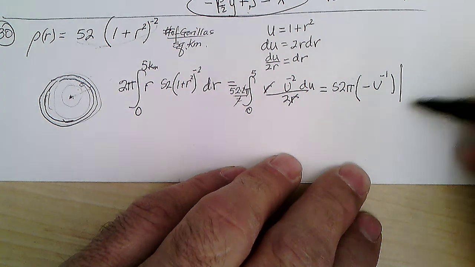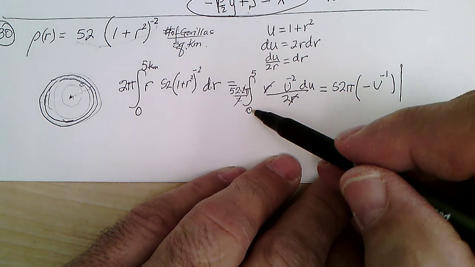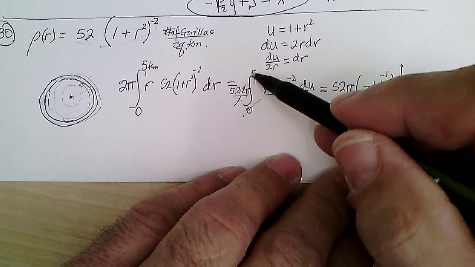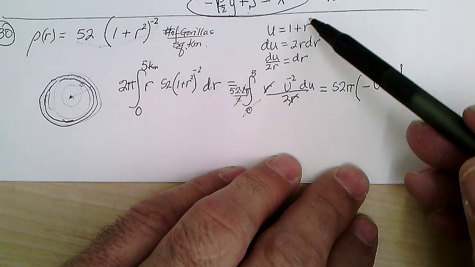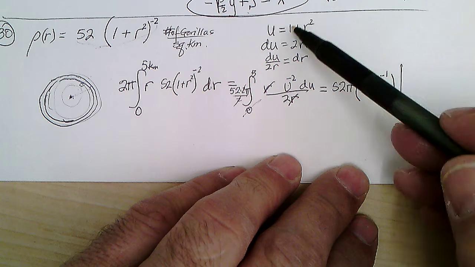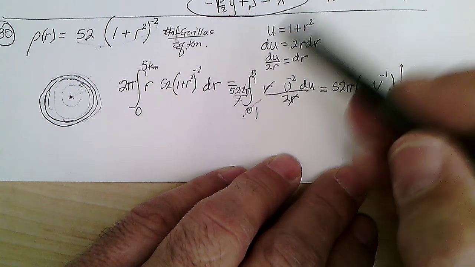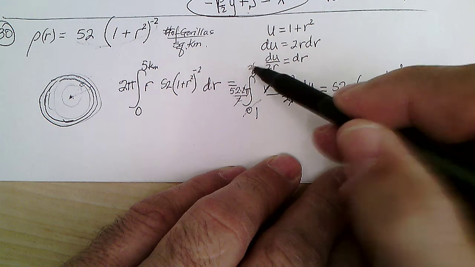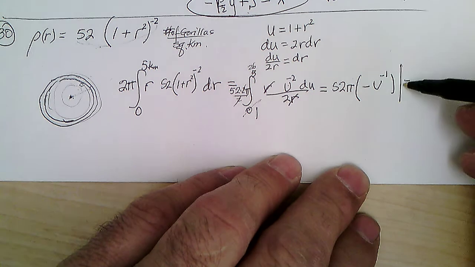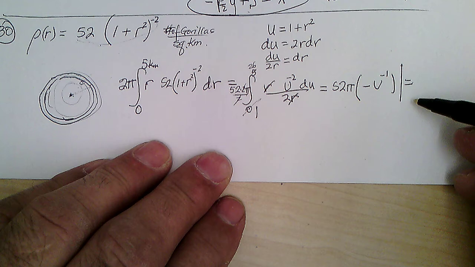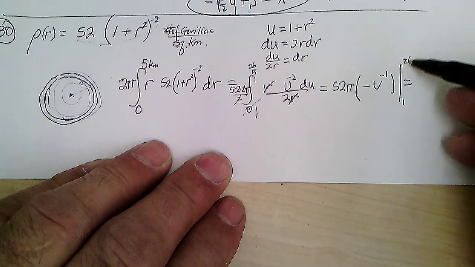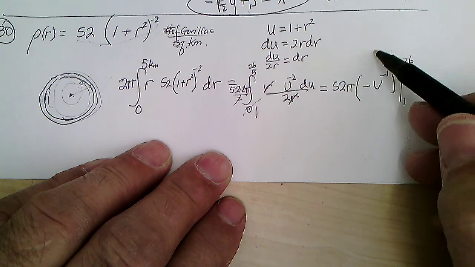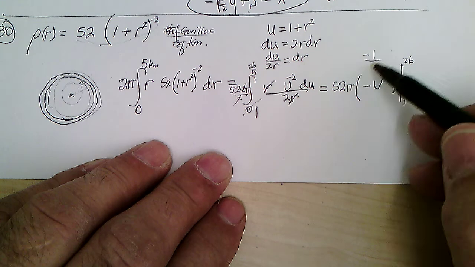And I'm going to evaluate that from, now I'm in u, so I shouldn't have had 0 and 5 in here. 0 squared is 0 plus 1 is 1. And 5 squared is 25 plus 1 is 26. So I'm going to do this from 1 to 26. And this is the same as negative 1 over u.